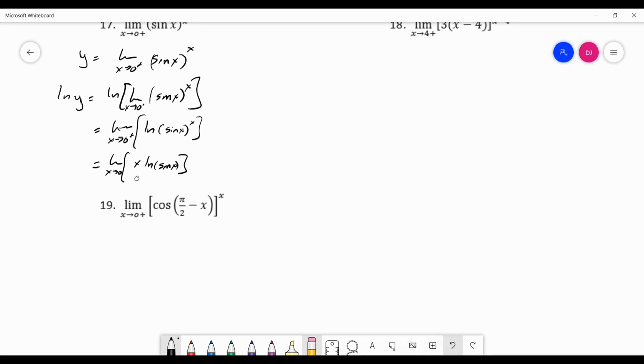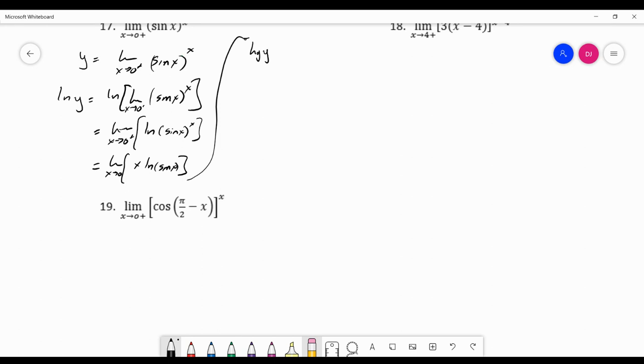So I'm going to have to now divide. I'm going to do the same thing I did before. So I've got the natural log of y is equal to the limit as x approaches 0 of the natural log of the sine of x divided by 1 over x.